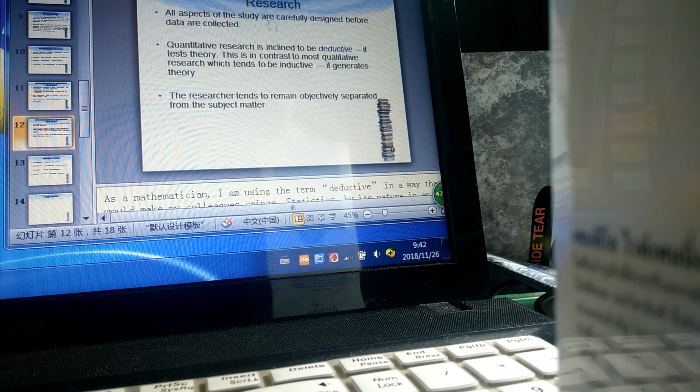All aspects of the study are carefully designed before data are collected, and quantitative research is inclined to be deductive. It has theory. It contrasts with qualitative research, which tends to be inductive. It generates theory.